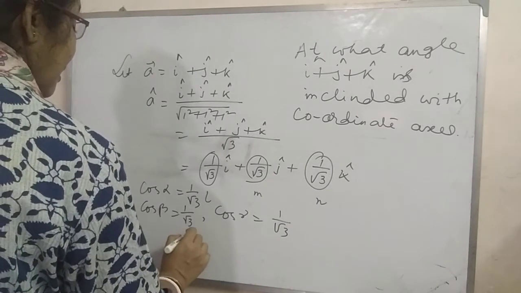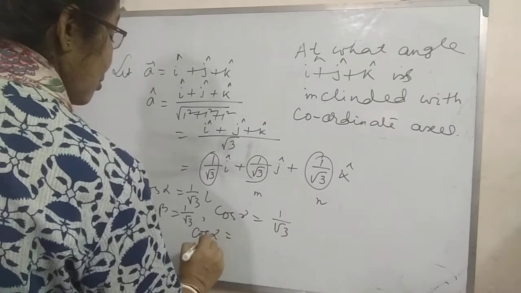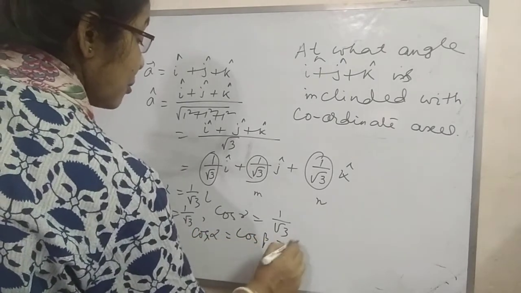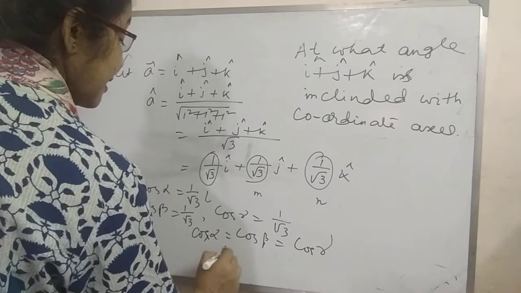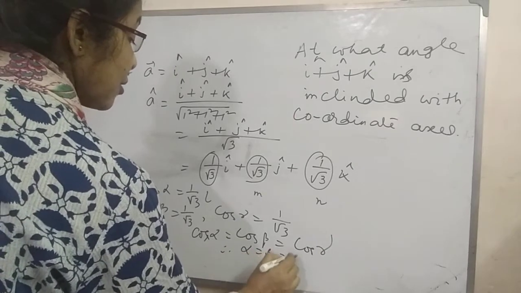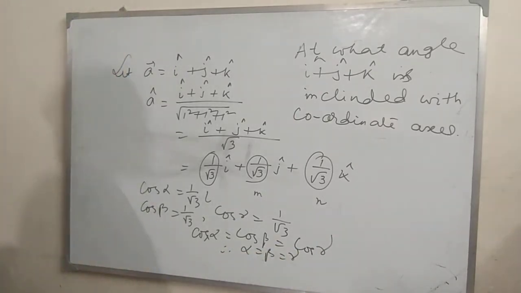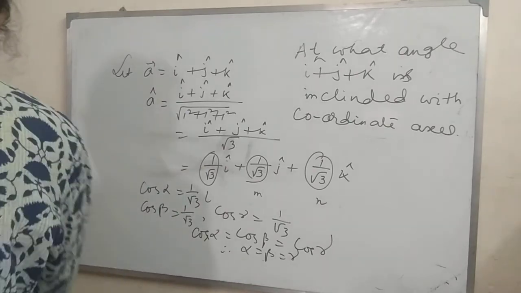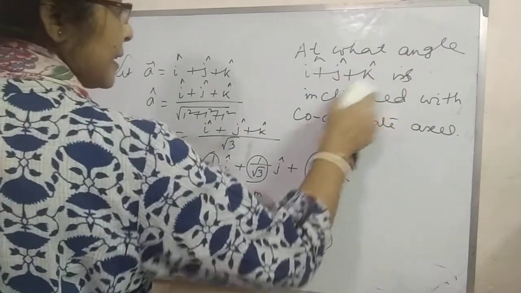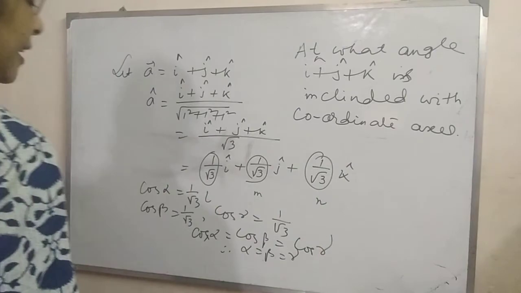That means cos alpha equals cos beta equals cos gamma, so alpha equals beta equals gamma. So these are equal angles, that means the vector is equally inclined.